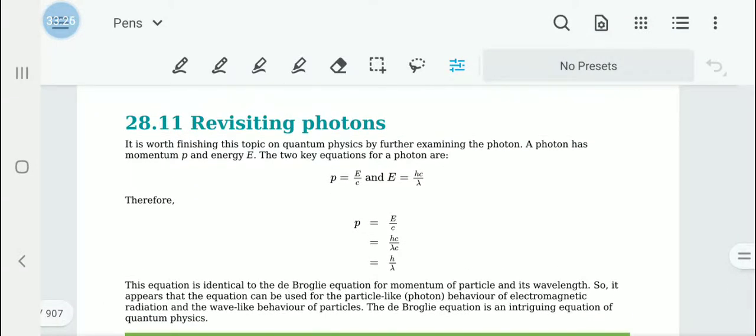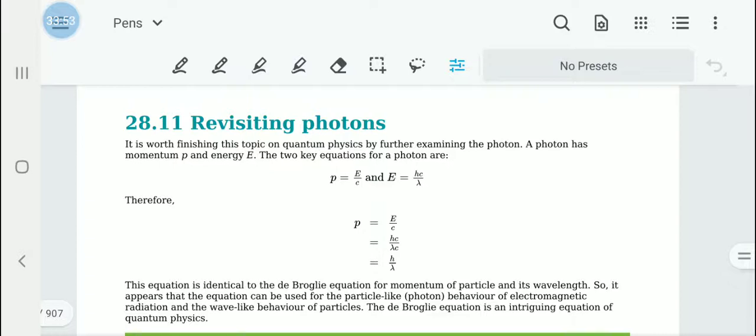Write down. A photon has momentum p and energy E. Therefore, two equations for a photon are p equals E upon c, where c is the speed of light, and E equals hc upon lambda, where h is the Planck constant.